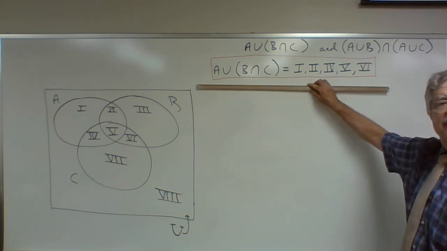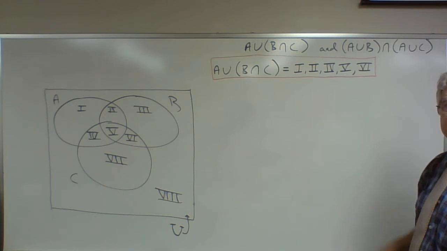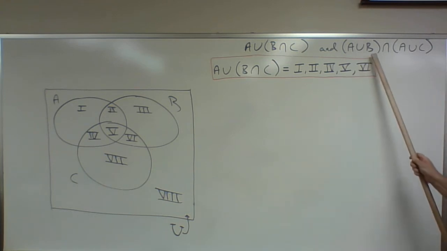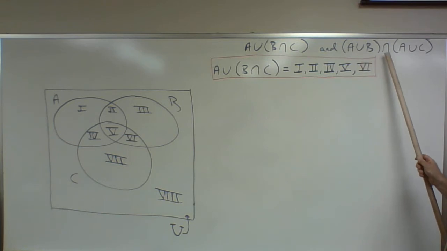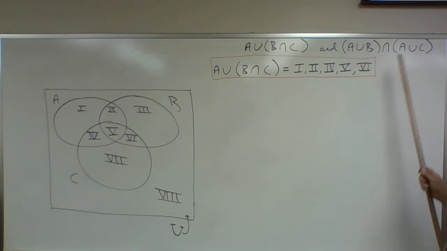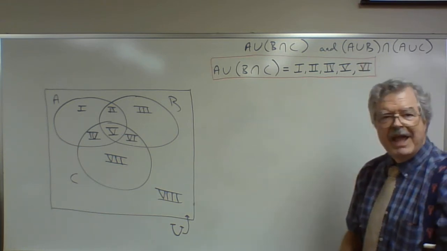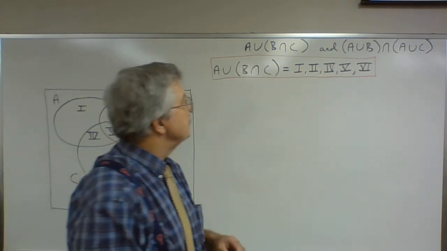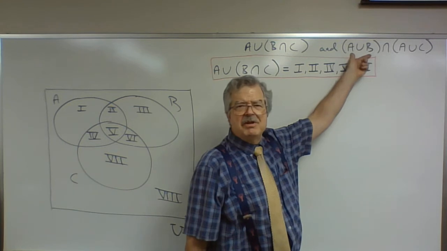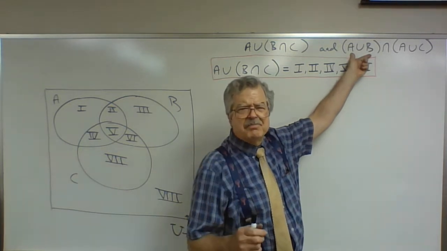This is what we've established so far. Now we want to do the same thing for the set A union B intersect A union C. In keeping with tradition, we're going to do the ugly parts first. A union B looks pretty ugly.